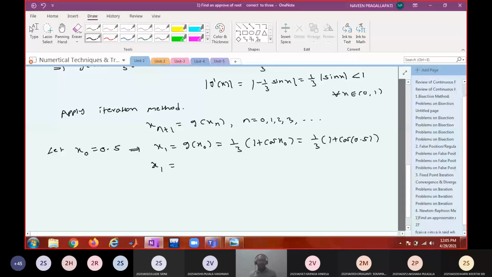Round off your decimals to 4 and do the calculations. Because we are asked to give 3 decimal places of accuracy, we are fixing the number of decimals to 4. Suppose in exams you are asked to give 4 decimal places of accuracy, you fix the number of decimals to at least 5. Is that point clear to you?